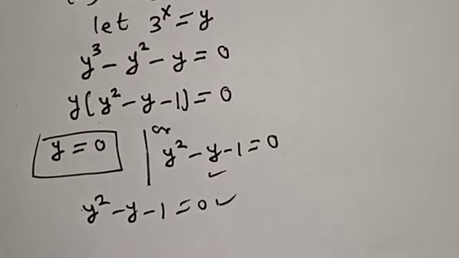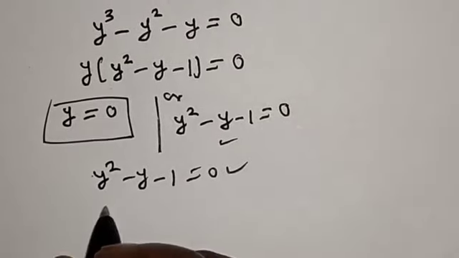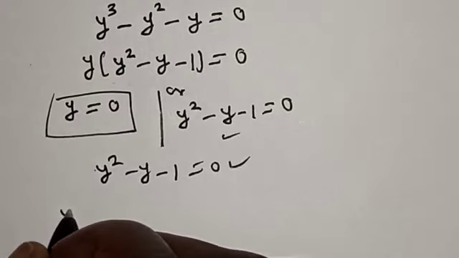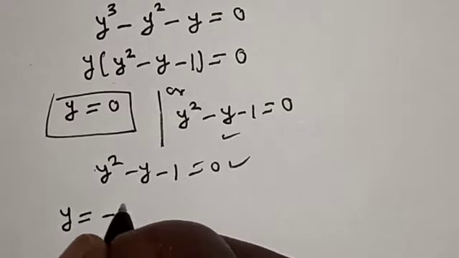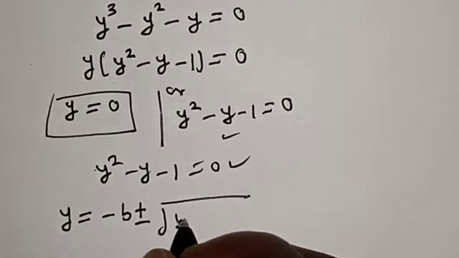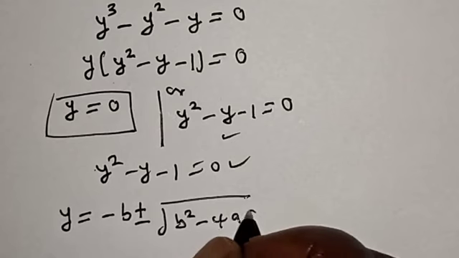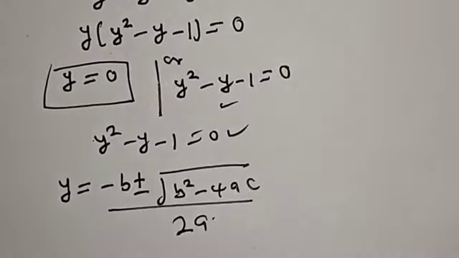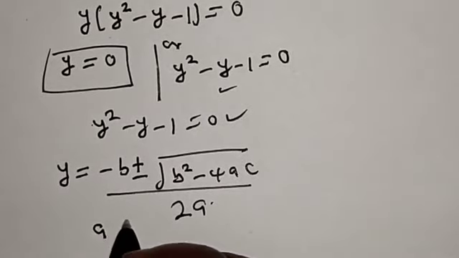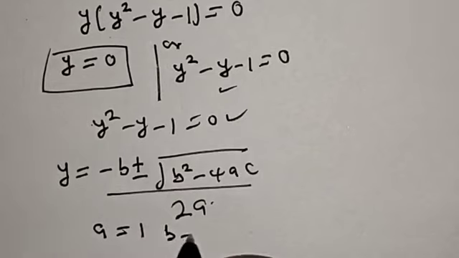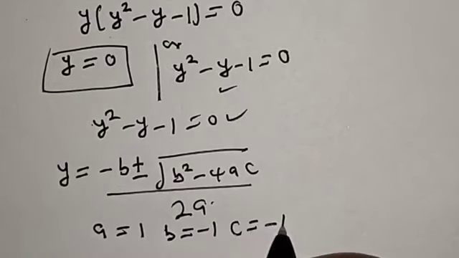This is a quadratic equation which can be solved using the quadratic general formula, given as y is equal to minus b plus or minus square root of b squared minus 4ac over 2a. Then a is equal to 1 from this equation, b is equal to minus 1, c is equal to minus 1.